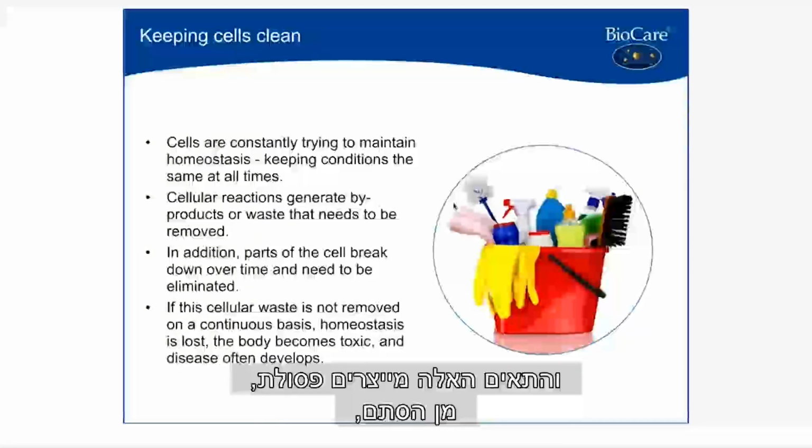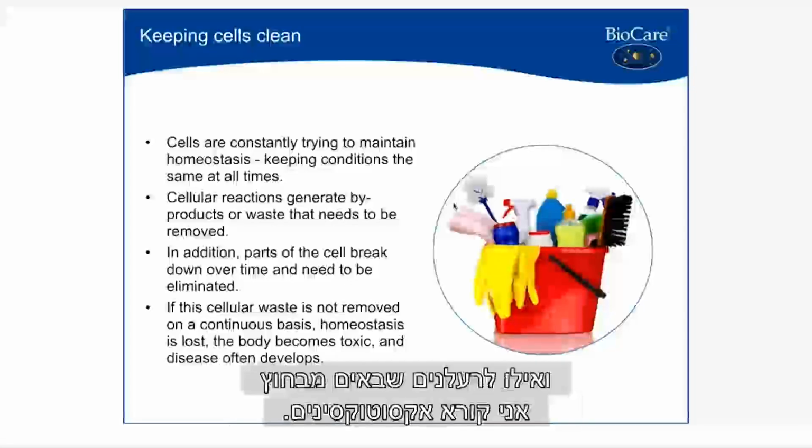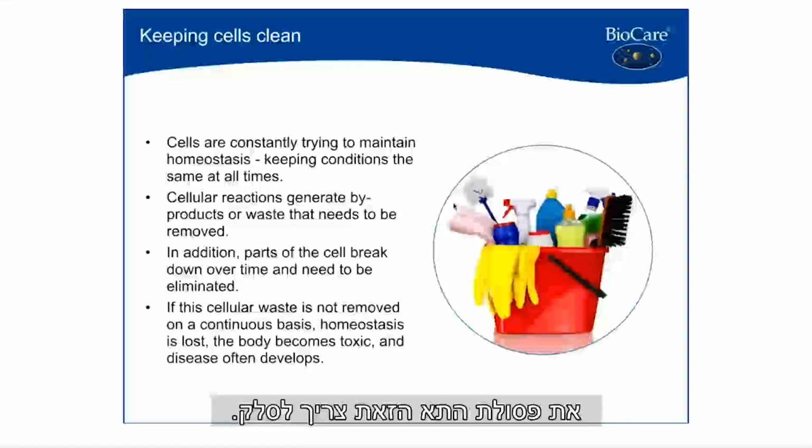These cells obviously produce debris, products that are part of the natural way of cell functioning. I tend to call these endotoxins, whereas the toxins that come from outside, I call exotoxins.